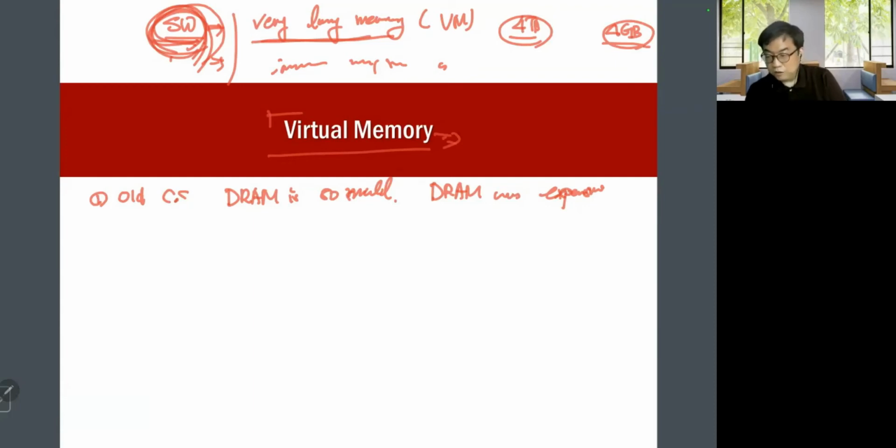Normal computer systems have 4 gigabytes of main memory, and even high-end smartphones have 6 or 8 gigabytes of main memory, right? But we still use virtual memory.